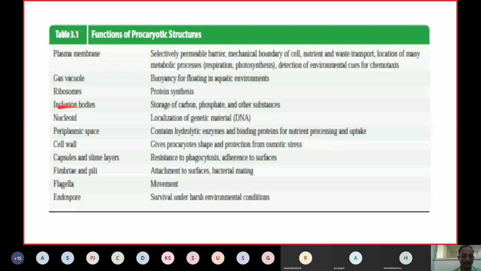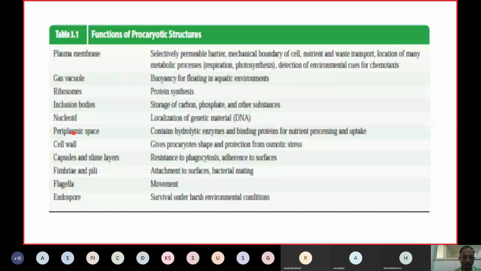These are known as inclusion bodies. Likewise, the nucleoid is where the genetic material is present. Then the periplasmic space, which we have already discussed, contains many enzymes.